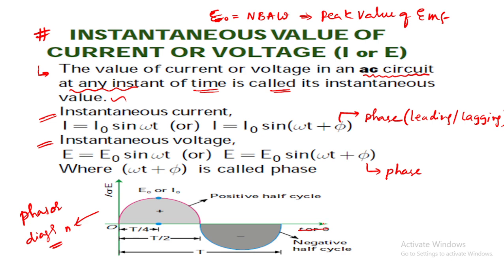I'll write the axis also. This is omega t, or else we can write it as theta, this direction. And this is the EMF over R, the total current, meaning instantaneous current. Instantaneous current or instantaneous EMF on the vertical axis. On the horizontal axis, omega t or theta. Right?